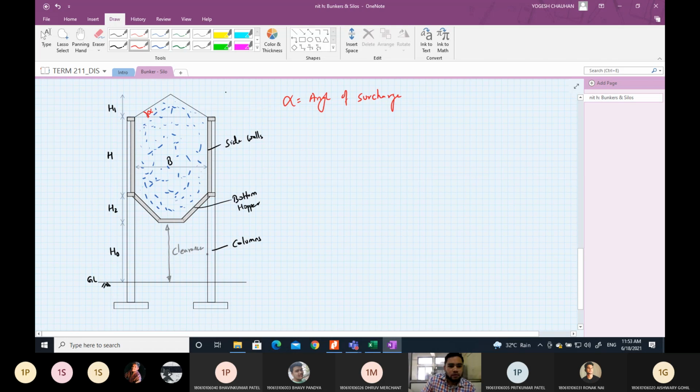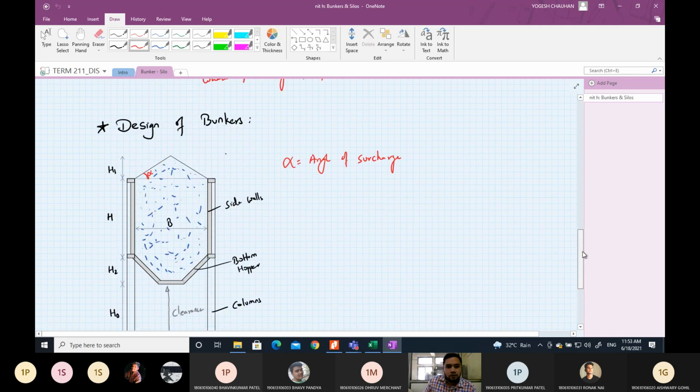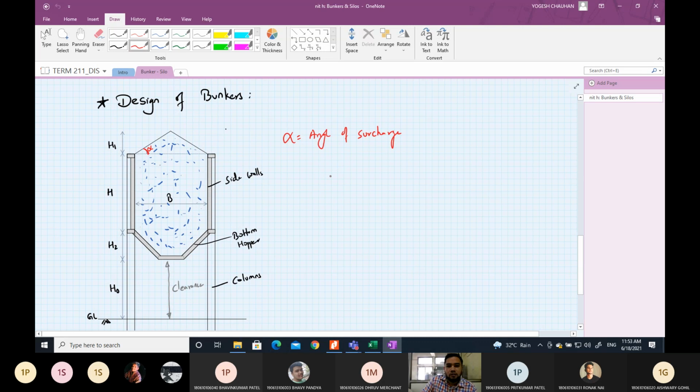So in the design of bunkers, the components which need to be designed are: one, design of side walls, and second is design of bottom hopper.